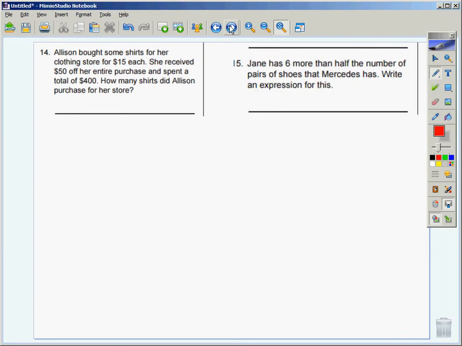Allison bought some shirts from a clothing store, $15 each. She received $50 off of her purchase, and she spent $400. So they want to know how many shirts she bought. The first thing I'd end up doing is adding 50 to both sides.